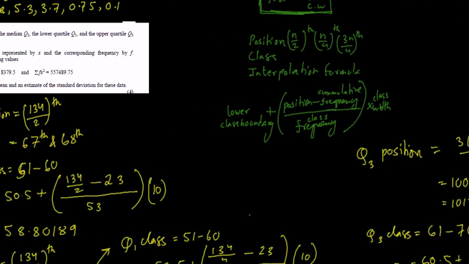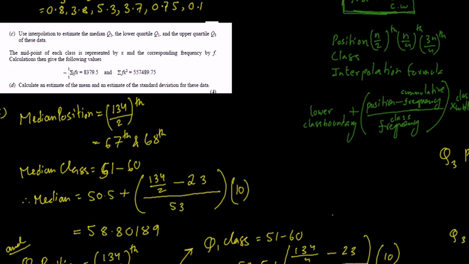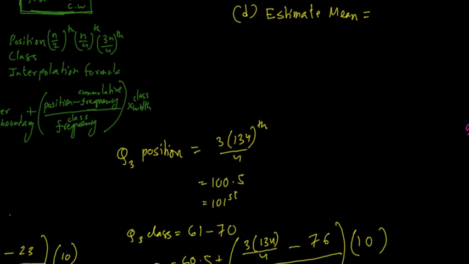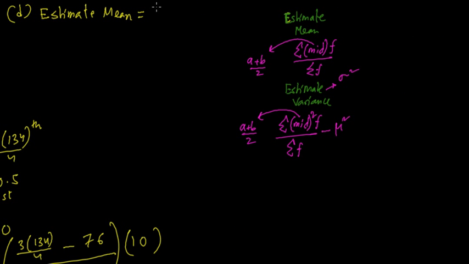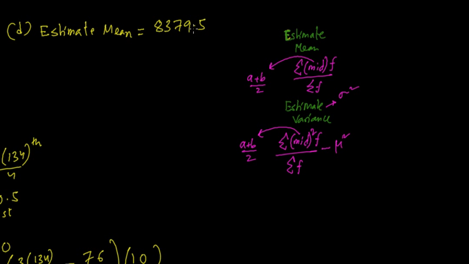When we do this calculation, we divide by the total number of data. But they have already given the summation of f into the midpoint, 8379.5. That value divided by total frequency, which is 134.